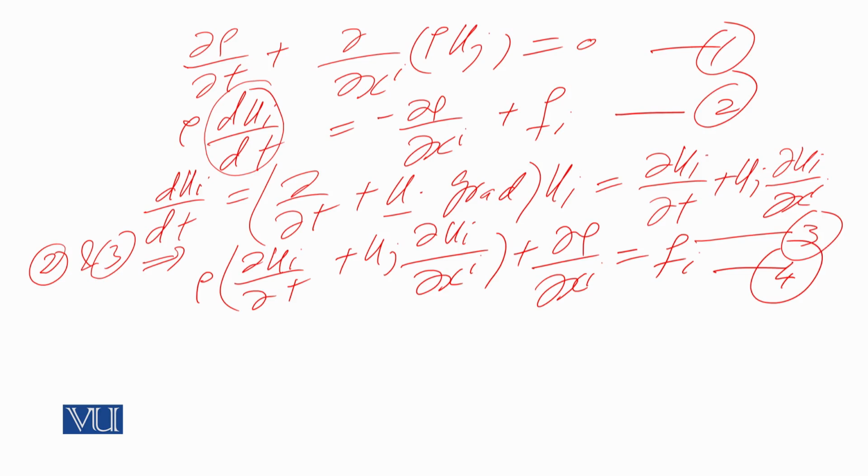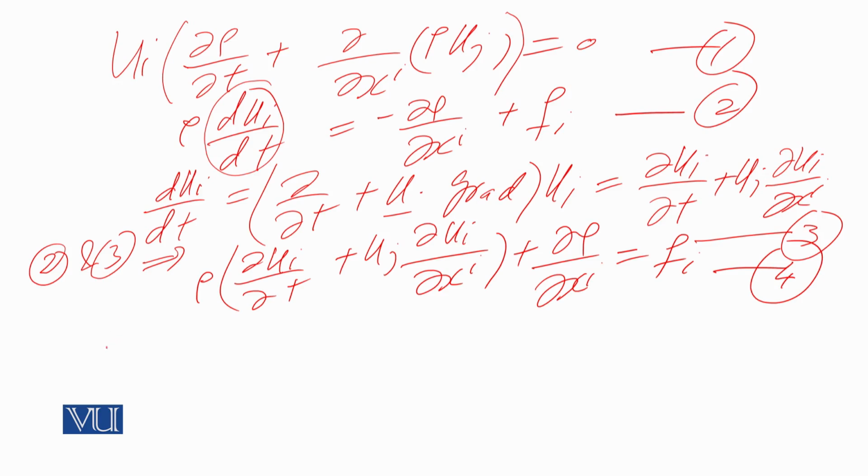Now, if we multiply equation number 1 with u_i and add this equation to number 4, what will we get?